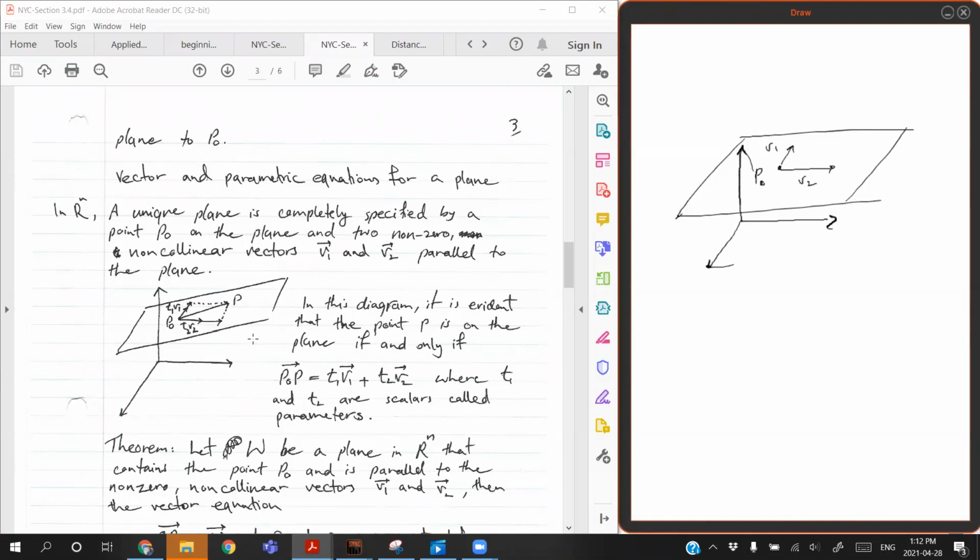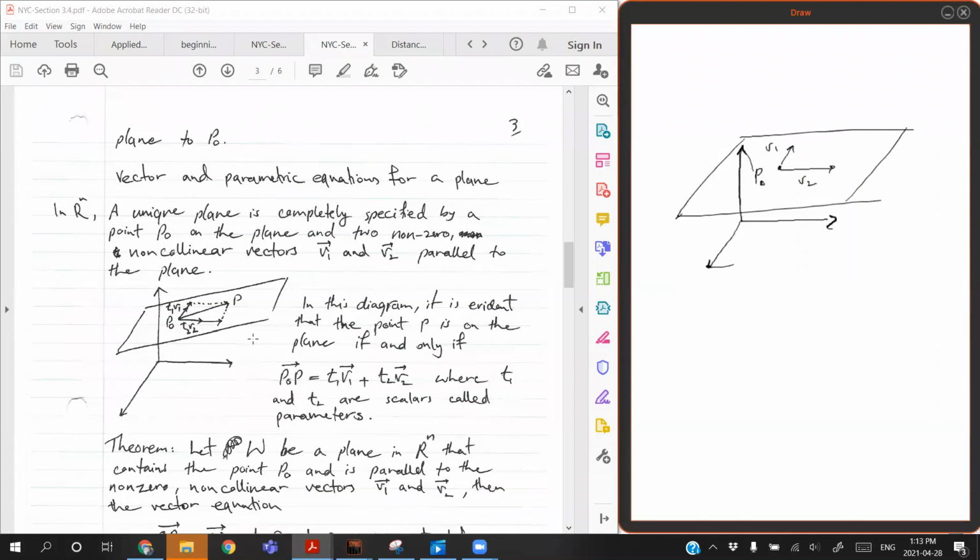The moment you have these three items, a point and two non-zero, non-collinear vectors parallel to the plane, there's only one unique plane that passes through this point and is parallel to both v1 and v2. These three pieces of information completely and fully specify a plane. So we should be able to write an equation for that plane using these three items.